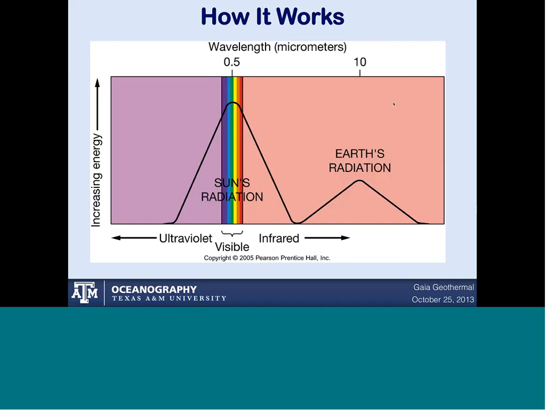So it basically looks like this if you look at electromagnetic radiation. Incoming light from the sun is in the visible range, a shorter wavelength. That hits the Earth, warms the surface, and then re-radiates infrared or heat radiation, which is then trapped by the CO2 in Earth's lower atmosphere.